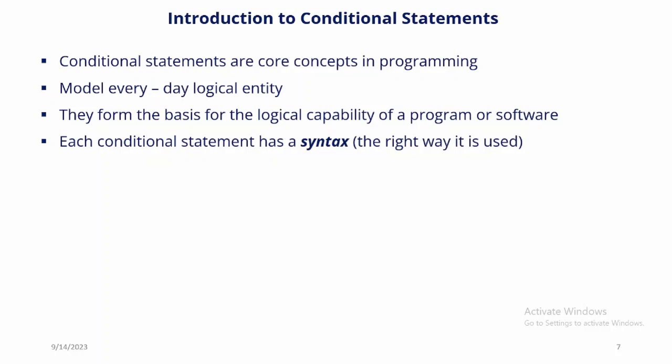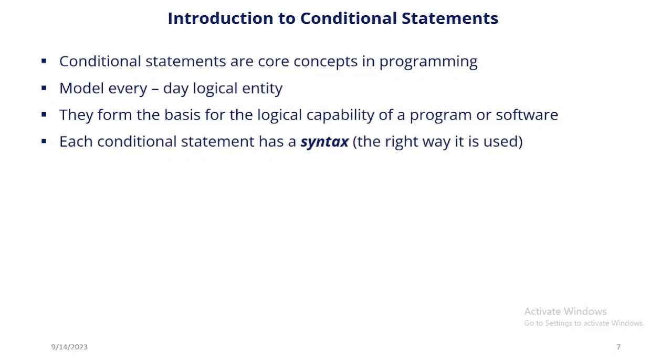So when people say a program or a software or the computer in general behaves like an intelligent machine, a smart machine, or a machine that can make decisions, it is because computer programmers actually designed the software to behave like that. So one of the ways to make the machine behave logically is to use these conditional statements. Generally, each conditional statement has something called a syntax.